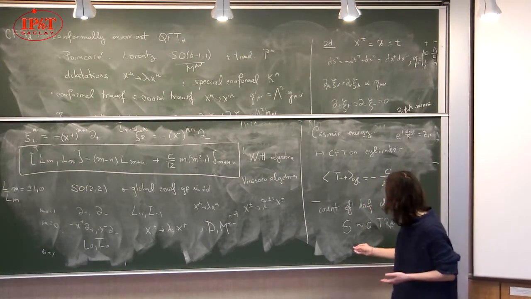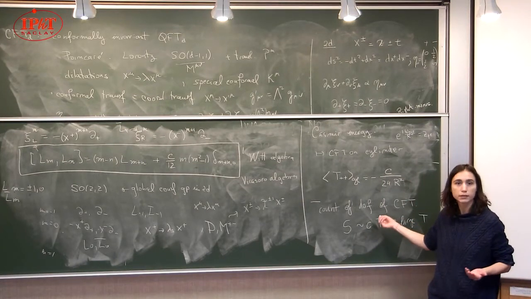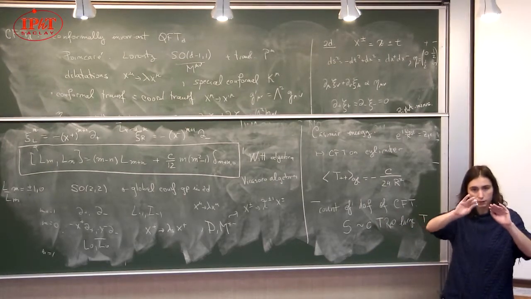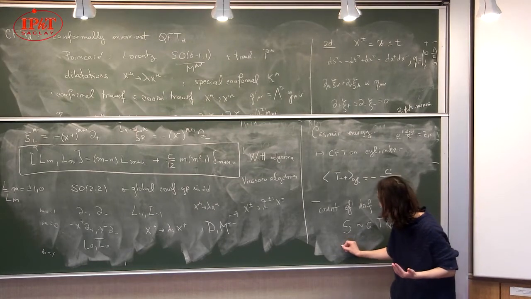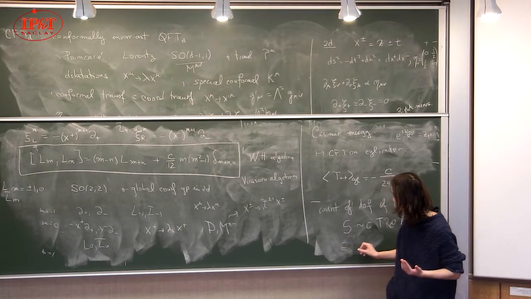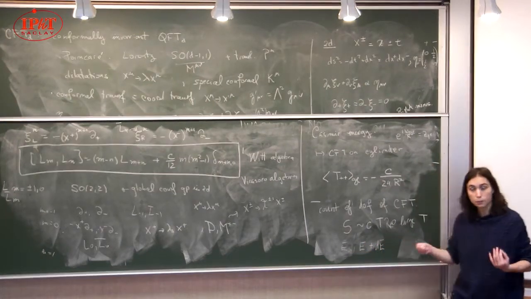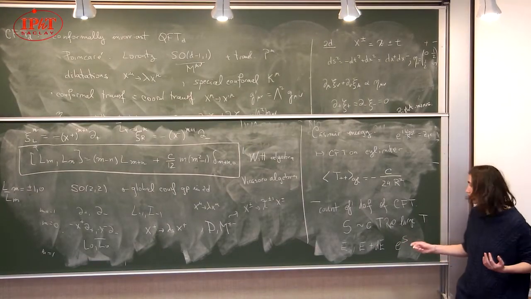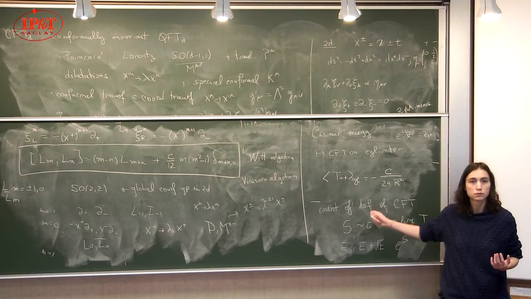Let's stick to the microcanonical ensemble, where this is just counting the number of states between two energy shells of energy E and E plus dE, and the number of states is going to be e to the S, which I can then transform to the canonical ensemble in the usual way.